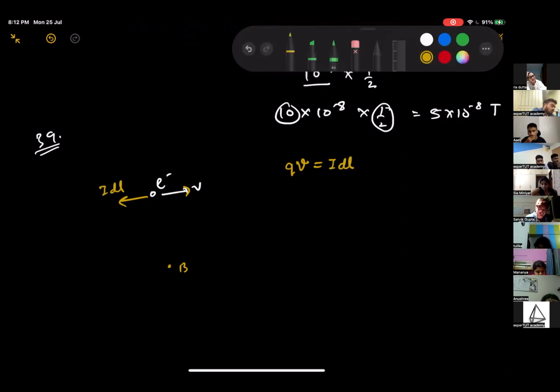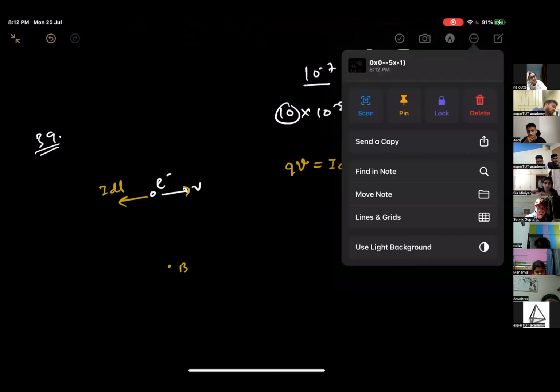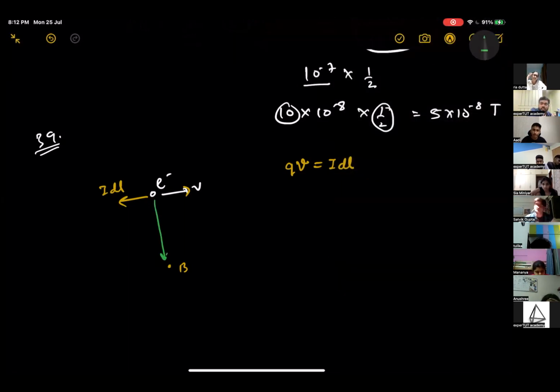Now, if you want to find the magnetic field at this point, I dL is this, the r vector is this vector. I dL cross r will come out of the plane. So it will be like this. Now, what is the option it's asking? The direction of magnetic field B will be the same as the direction of velocity v. Of course not. A is wrong. Okay, fine.